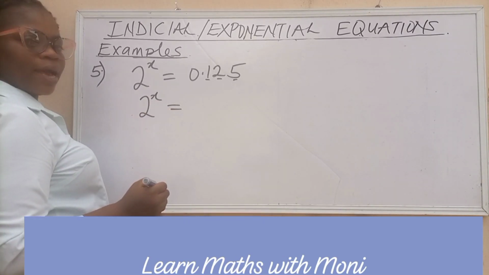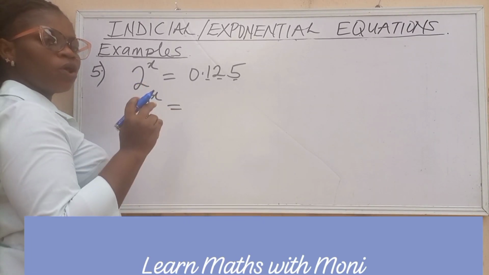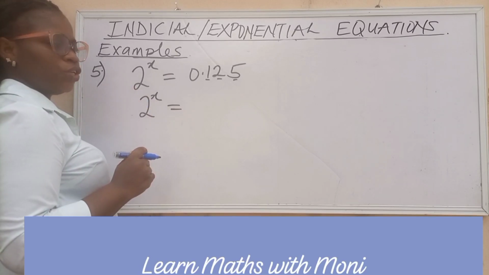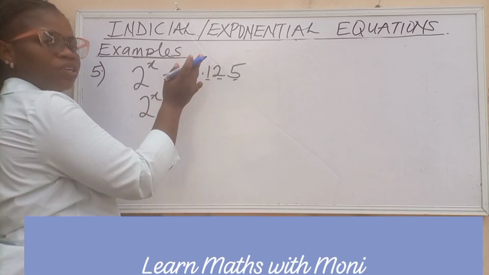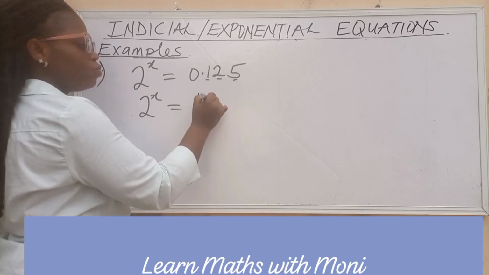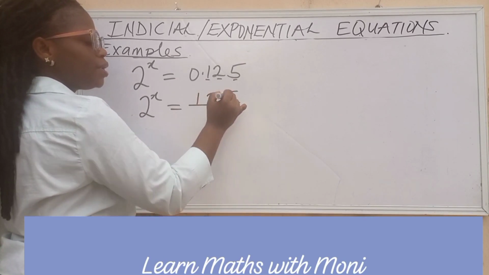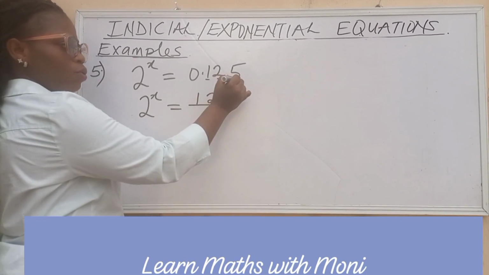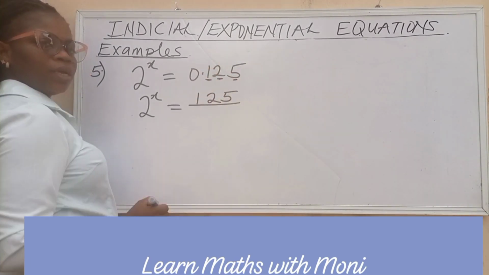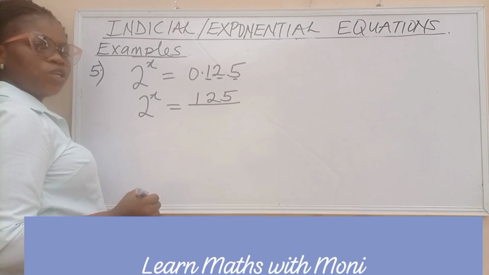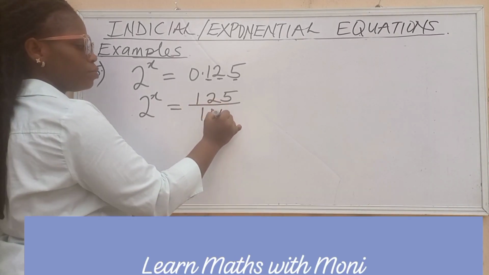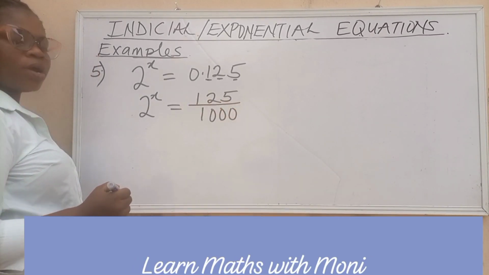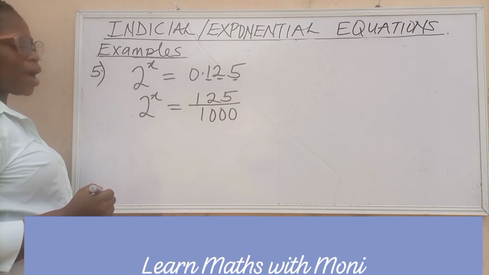From your left-hand side, you write from the first non-zero digit. The first non-zero digit is 1. So I write my 125 divided by, you count the number of decimal places you have. 1, 2, 3. That is 10 raised to power 3, which is 1,000. So I have 125 divided by 1,000.